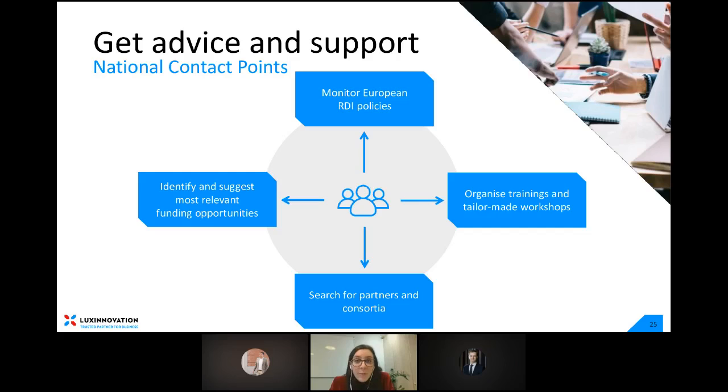So it's our job to help companies, researchers, NGOs, any interested parties to participate in Horizon Europe, and our services are free of charge. So what we can do for you, we monitor the European RDI policies, as said, we write memos, we follow the news and write articles on trends. We also know the work program very well, so we can identify and suggest the most relevant funding for your idea and your company.